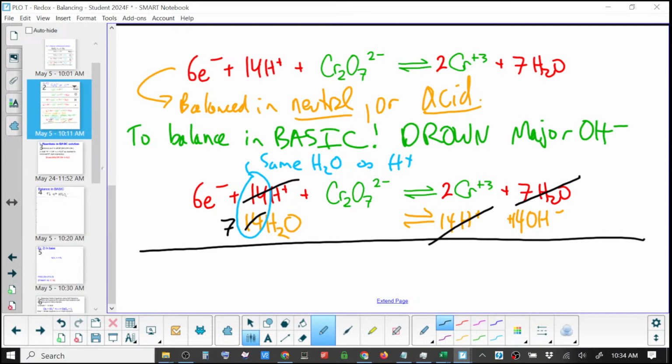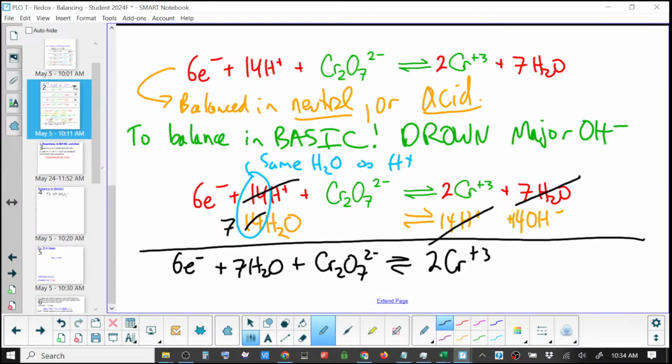So our final balanced equation in base is 6 electrons plus 7 H2O plus Cr2O7 2- goes to 2 Cr 3+ plus 14 hydroxide.